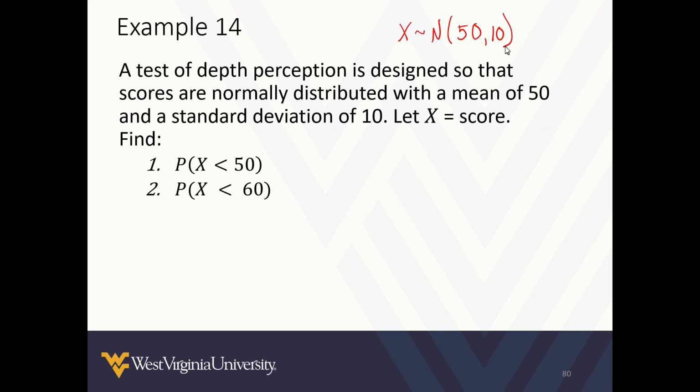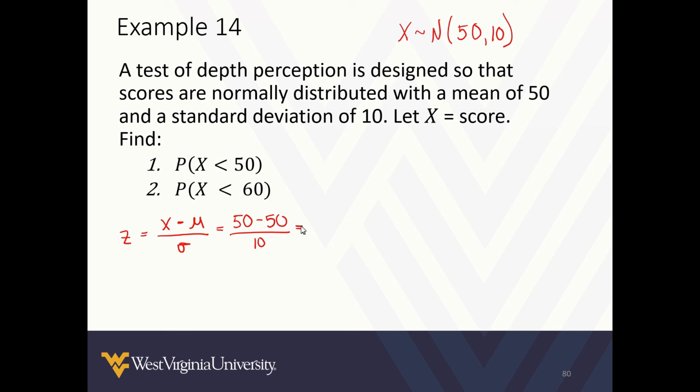Now at this point we convert using z-score. So z is going to equal our parameter of interest minus the mean, divided by the standard deviation. Our parameter of interest in this case is 50, our mean is also 50, and our standard deviation is 10.